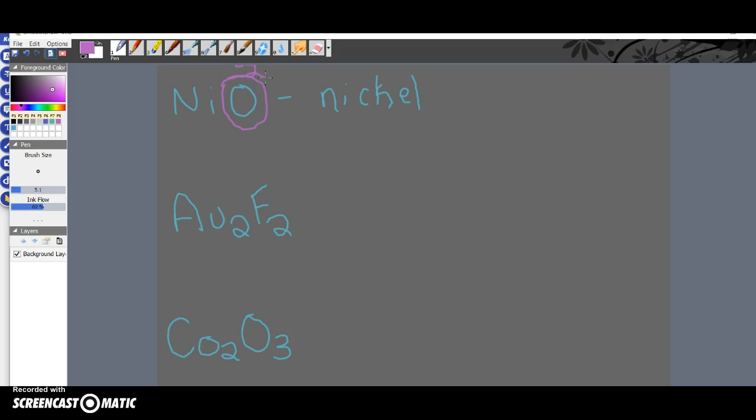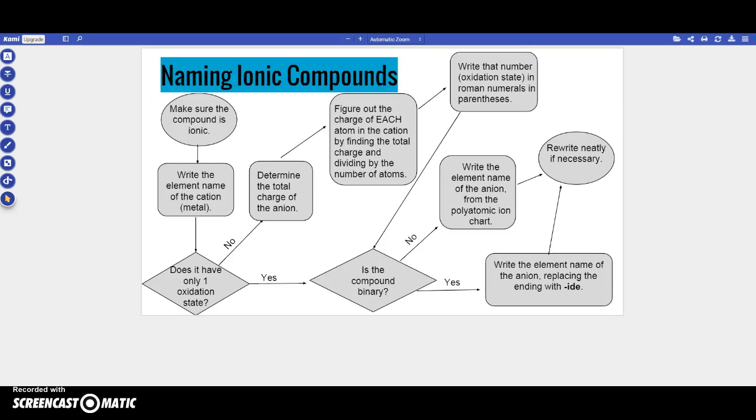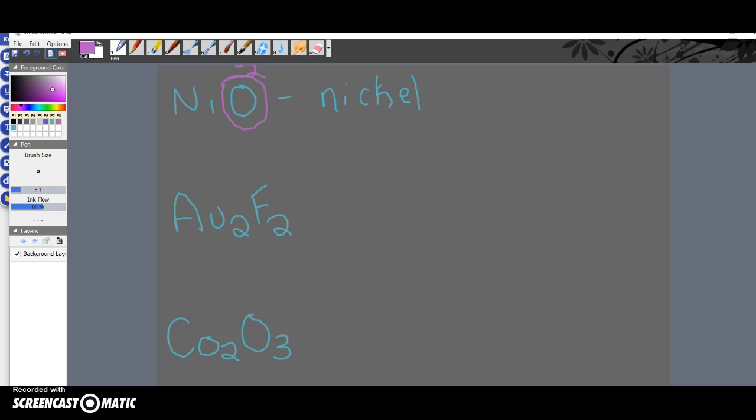Now it says, figure out the charge of each atom in the cation by finding the total charge and dividing by the number of atoms. So what that's saying is that in order for this compound to be neutral, the charge of the anion has to be equal to the charge of the cation, or has to be balanced with it. So if our anion is -2, in order for it to be neutral, our cation has to be +2.